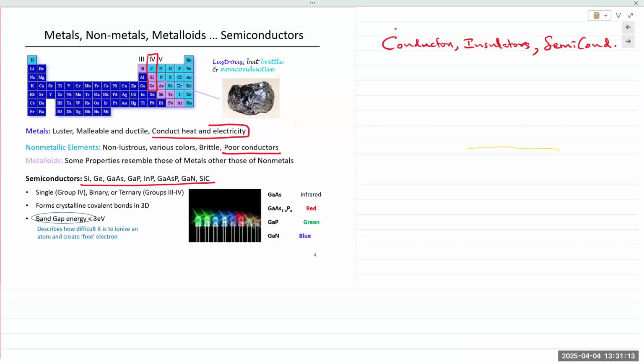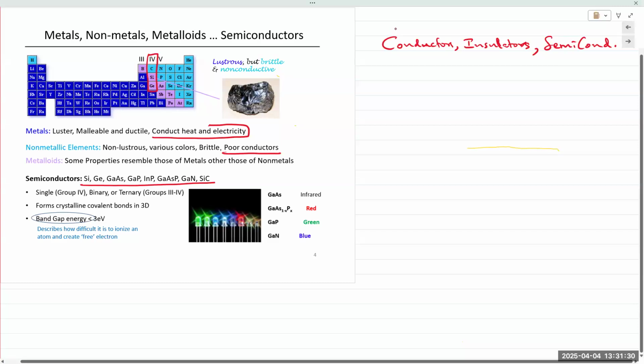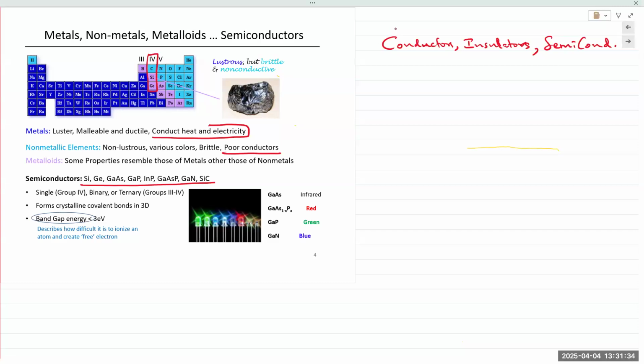The most common ones we know of are silicon and germanium. The earliest known prototypes of a diode and a transistor were made out of germanium. But silicon has some properties that make it very suitable for manufacturing of semiconductor devices.